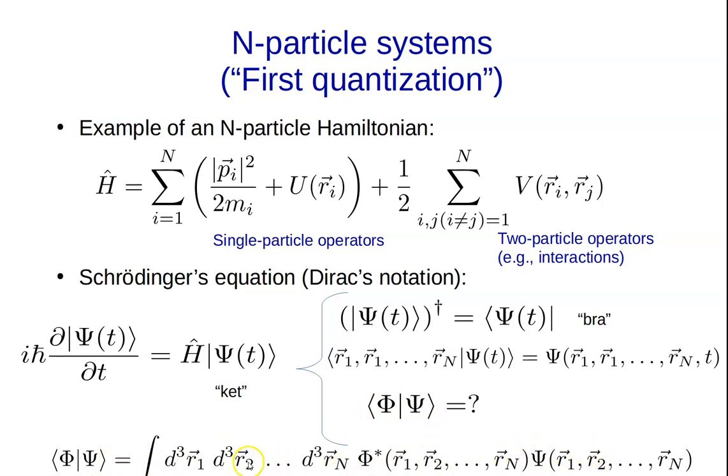It's of course much more complicated to work with n-particle states. But the time evolution for a particular state is also given by Schrodinger's equation, essentially the same. Remember, this is an n-particle Hamiltonian, this is an n-particle state, and everything works as before.